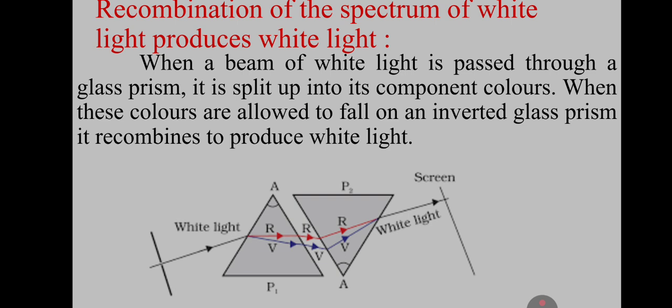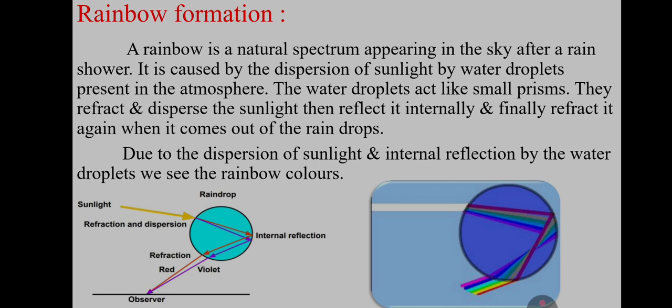Again, these 7 colors, when passed through the inverted prism, that is P2, then the emergent light will come as a white light on the screen. It is the recombination of the spectrum of white light that again produces the white light. Then the next one is rainbow formation.